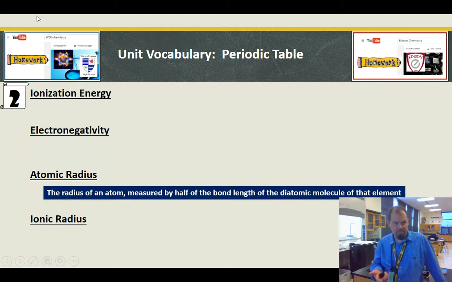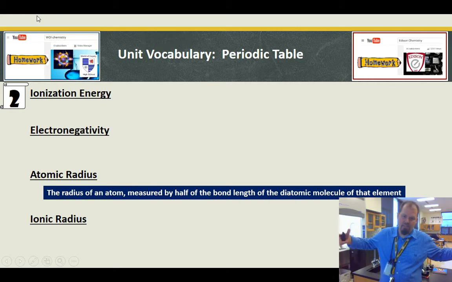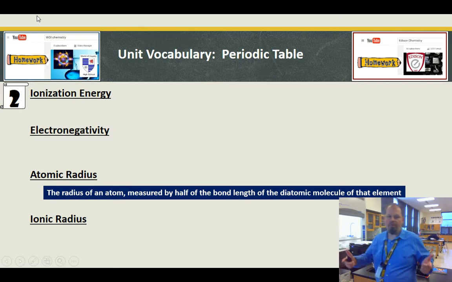It is simply the radius of an atom, measured by half of the bond length of the diatomic molecule of that element. You just need to know it's the radius of the atom, which helps us understand the width of the atom, or the atom's size. Atomic radius is the atom's size.